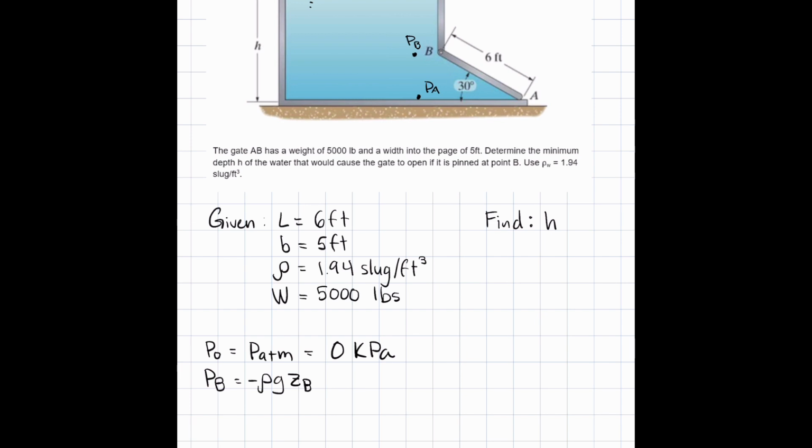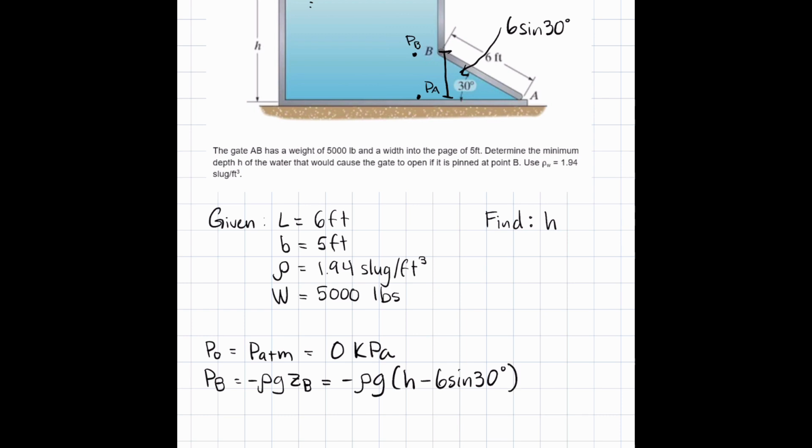But we do know our density and we do know our gravity, and we can actually find this height right here because we know the length of this gate and we know the angle at which it's at. So using very basic trigonometry principles, we know that this is equal to 6 sine 30 degrees. That means that in total, this is equal to rho times gravity times h minus 6 sine 30 degrees.